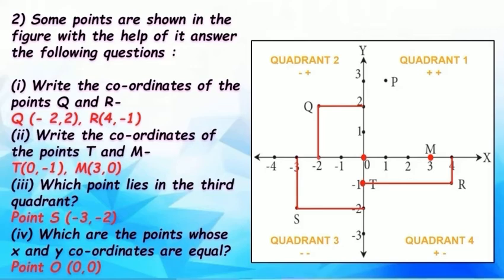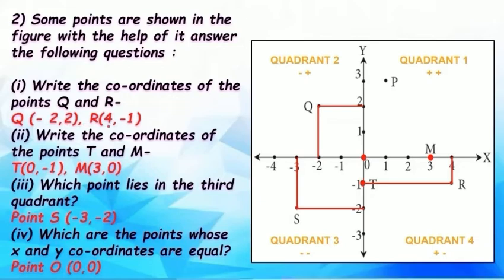So the x-coordinate of point Q is minus 2. Similarly, from point Q, we draw a line which intersects the y-axis. So on the y-axis, point Q intersects at point 2. So the y-coordinate of point Q is 2. So the coordinates of point Q are minus 2, 2.